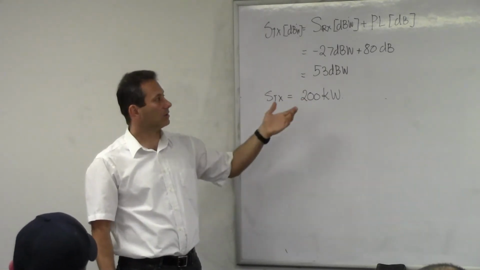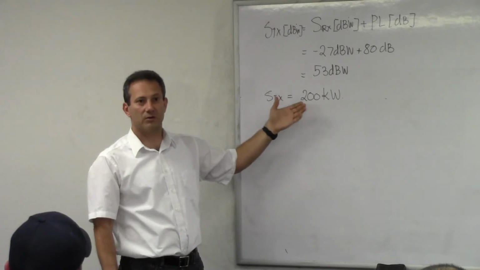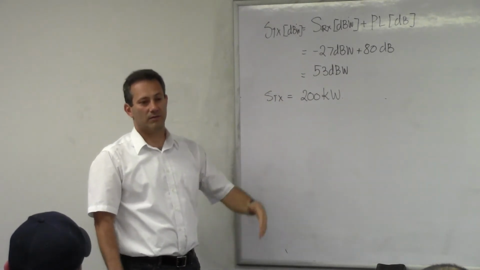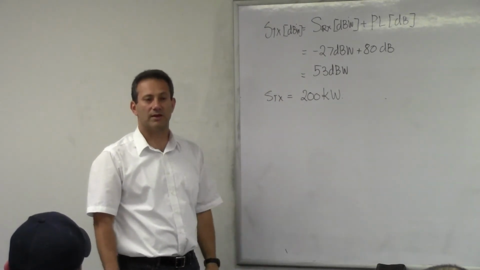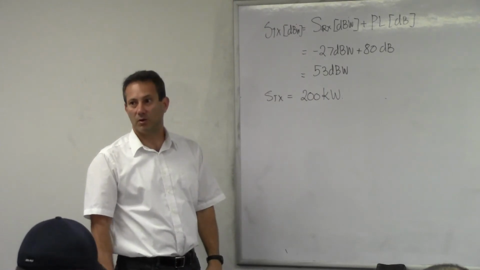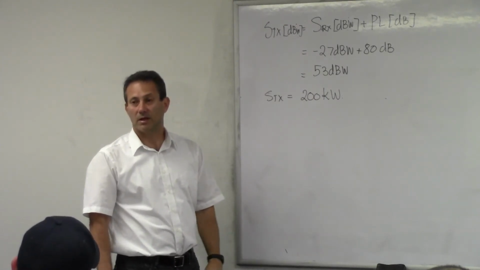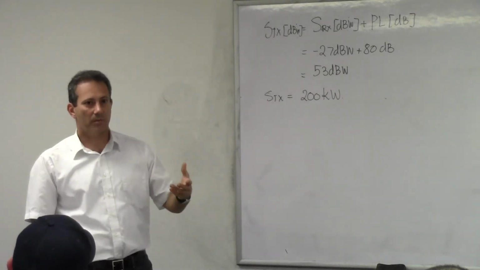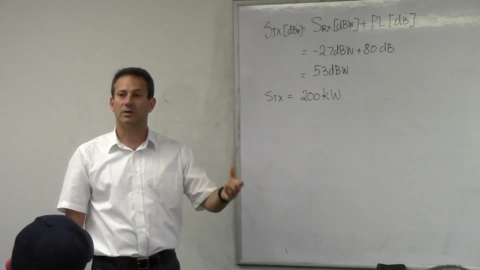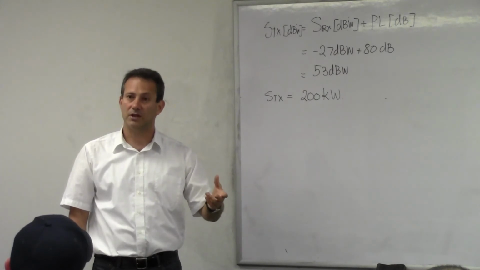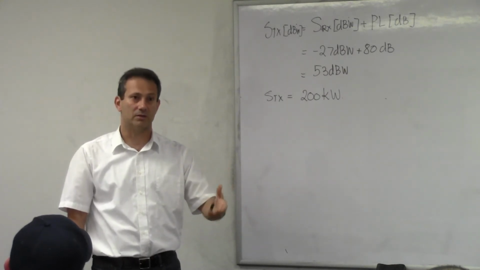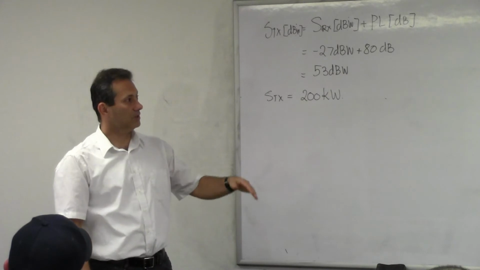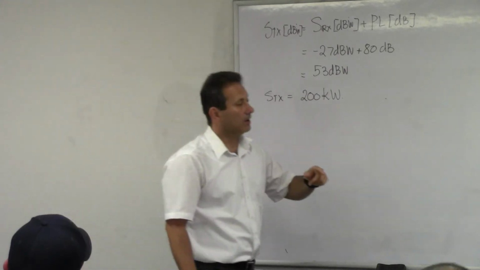Analog broadcast stations are on the order of 10 to several hundred kilowatts of transmit power. Now, I don't know if you're aware, but right now we're going through a major conversion. We're taking all of our analog TV stations off the air and putting in digital TV stations because of the digital modulation and much smaller requirements.